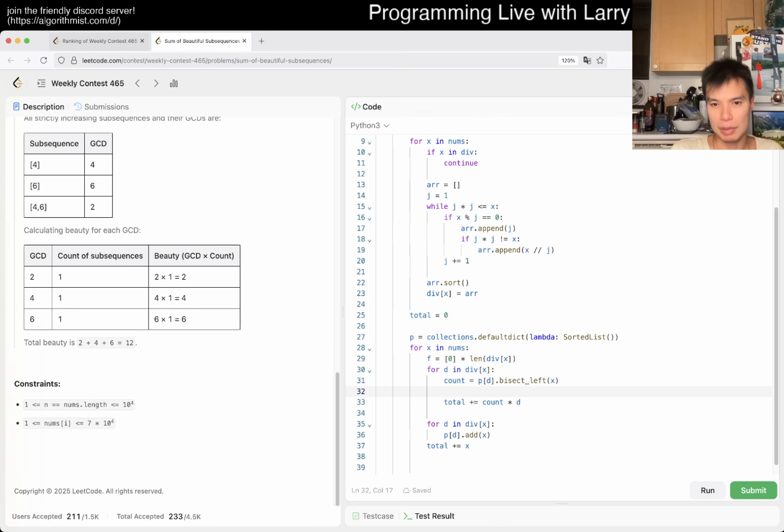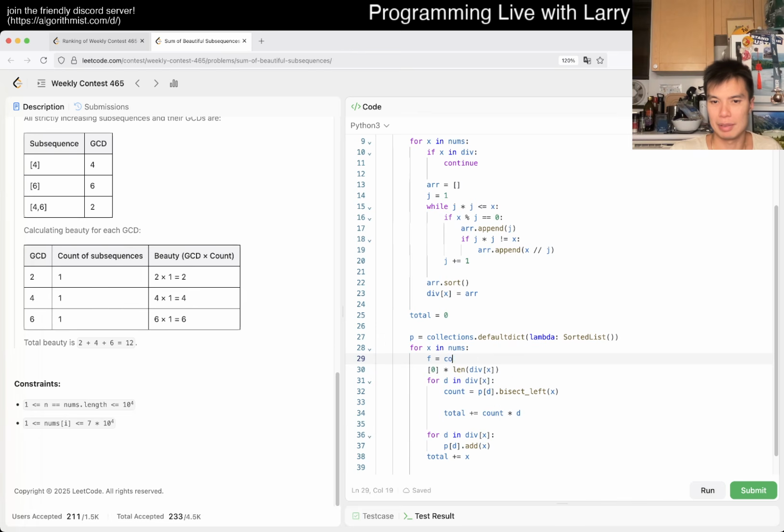And with the divisor, we want to say, okay, I don't know why I wrote it this way.